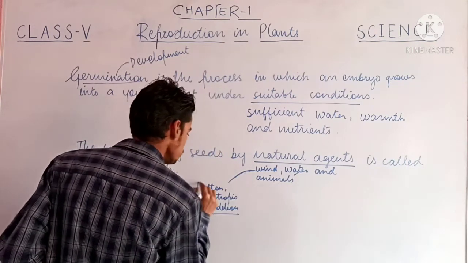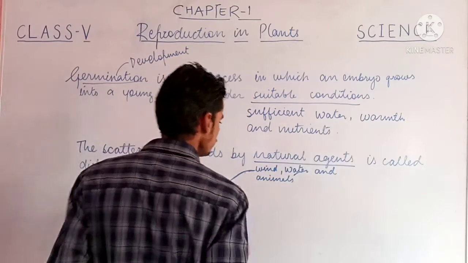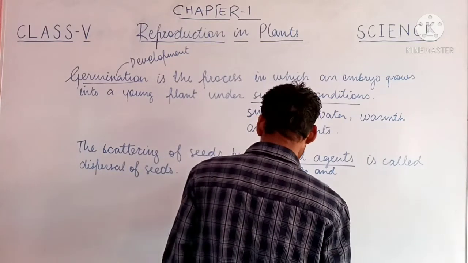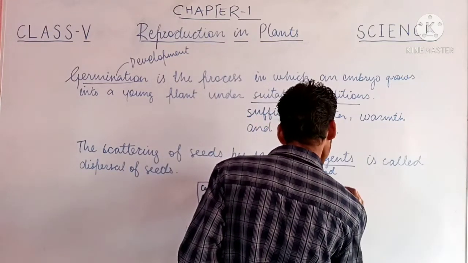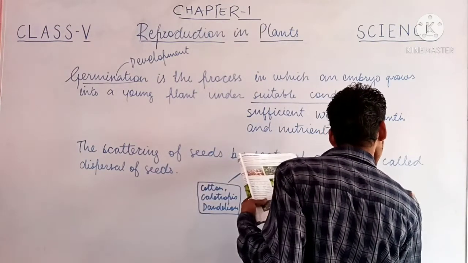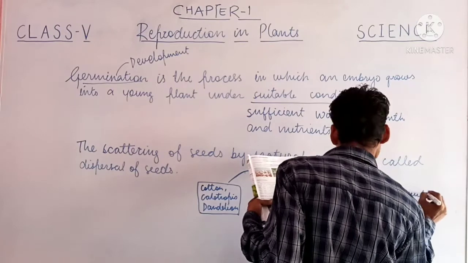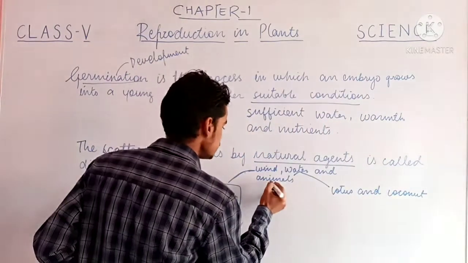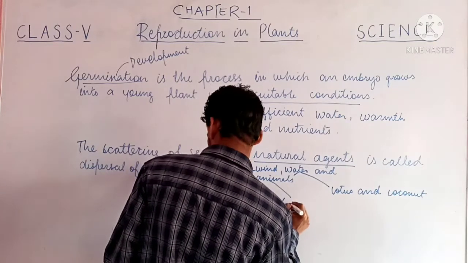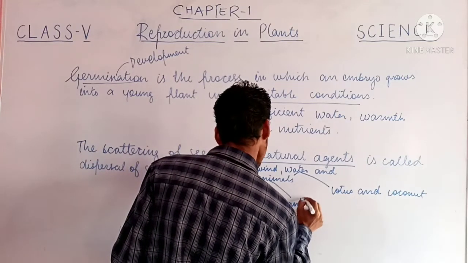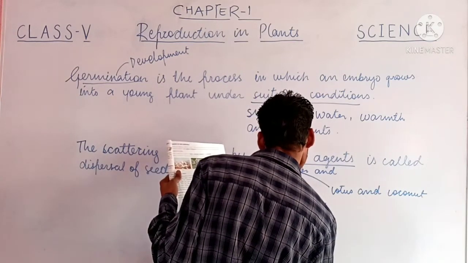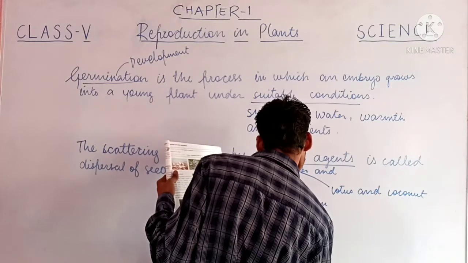Seeds dispersed by water are lotus and coconut, and seeds dispersed by animals are jamun, cherry, and guava.